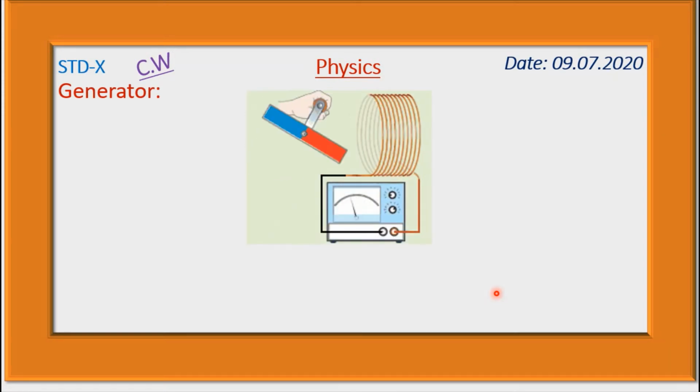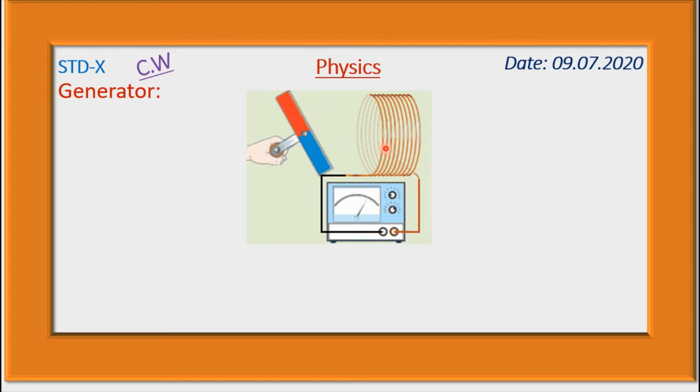Generator. Here a bar magnet is rotating near to this coil. Therefore, the magnetic flux through this coil or the magnetic field through this coil is changing continuously. Therefore, a continuous flow of current is obtained from this coil.